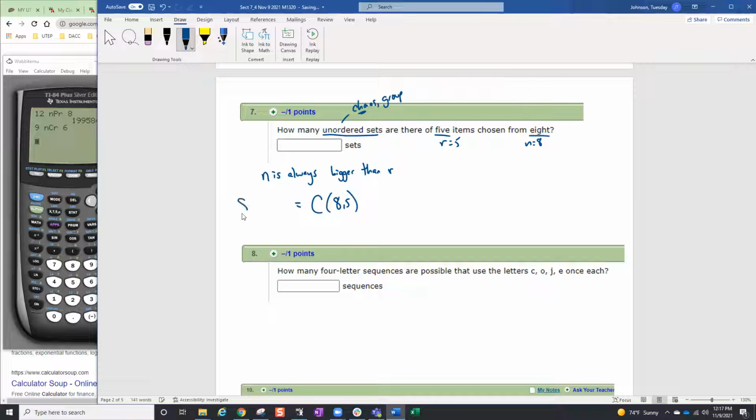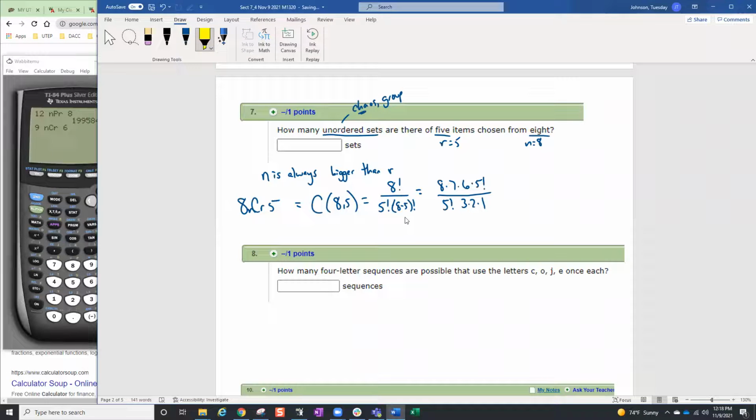And if you're a calculator user, you're going to beat me to the answer because I'm going to do this out. 8 factorial over 5 factorial times (8 minus 5) factorial, 8, 7, 6, 5 factorial. I'm going to leave this as 5 factorial. Why am I going to write out all those numbers when I know they cancel anyway? And then this 3 factorial, right? 8 minus 5 is 3.